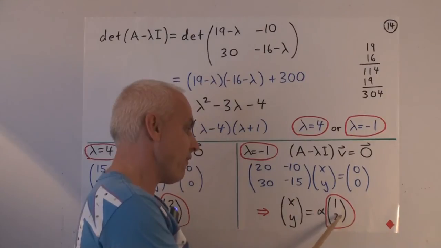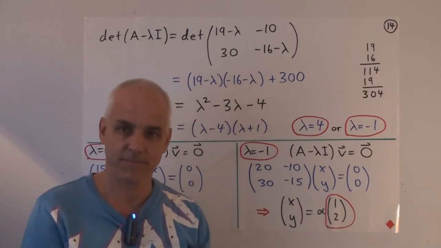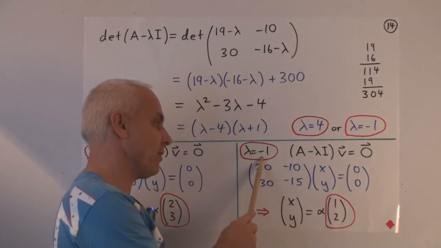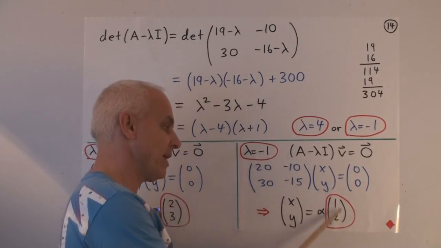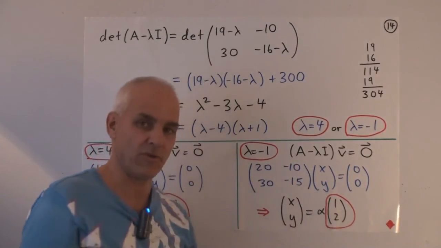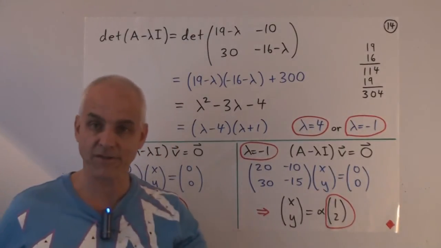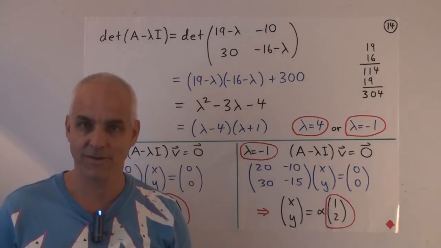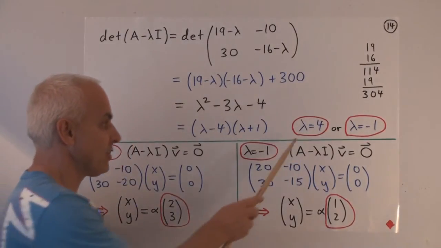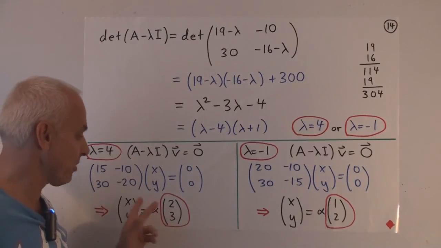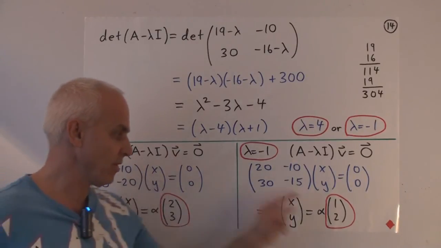It's a multiple of 1, 2. So the associated eigenvector to the eigenvalue lambda equals minus 1 is this vector 1, 2. And these are the two vectors that I pulled out of the hat on the previous page. And these are the multiples that you get when you multiply the original matrix A by these two vectors.